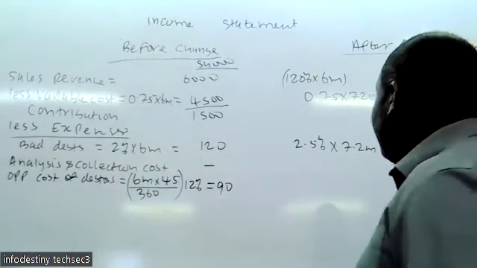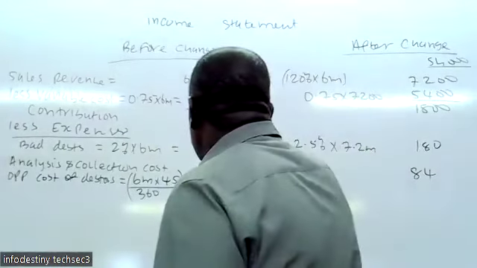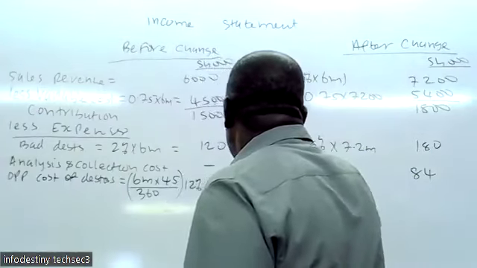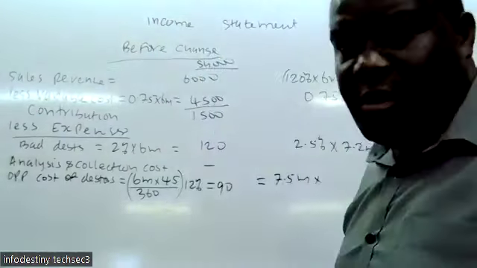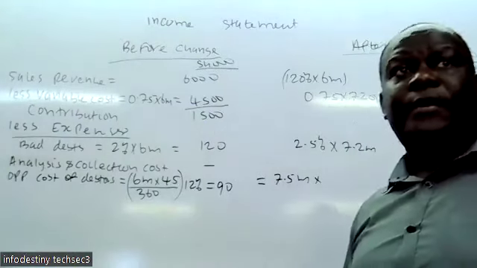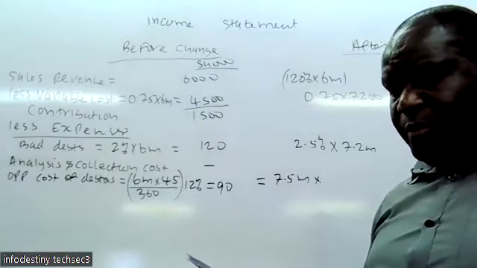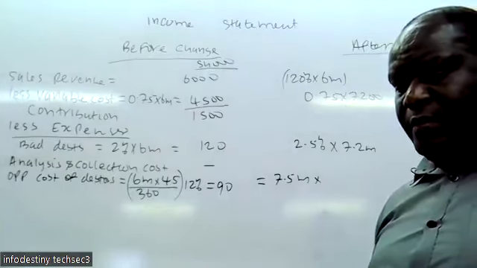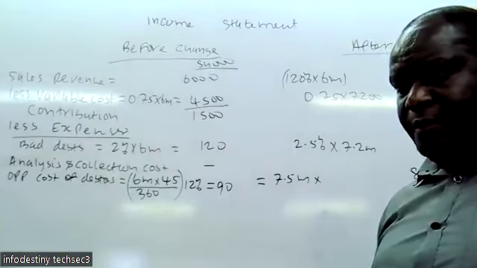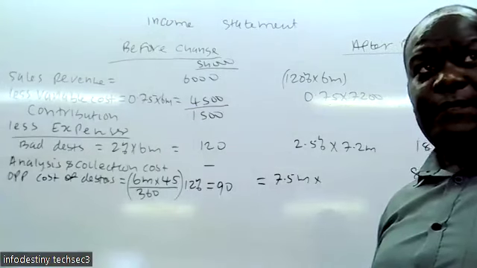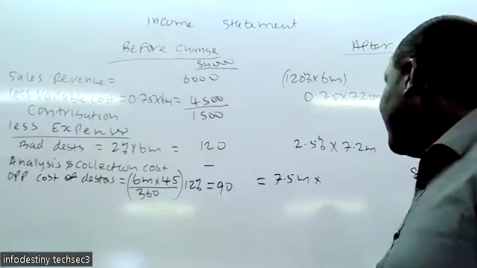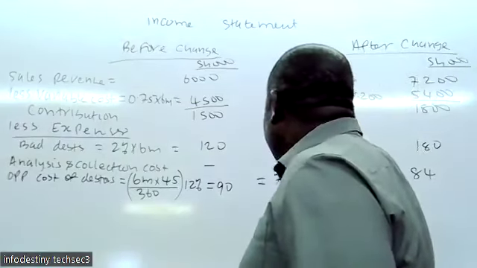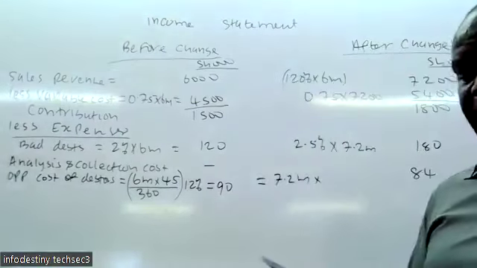Then we do the same after the change. After the change, credit sales are 7.2. So average collection period. You see the note number 1.